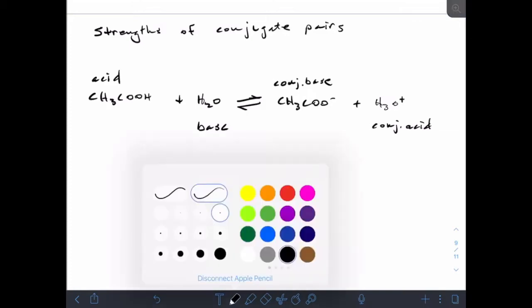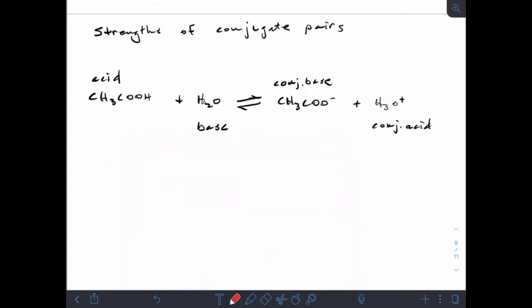Now, the important thing to recognize here is that acetic acid is a weak acid, right? And acetic acid has a pKa of 4.74. Okay?